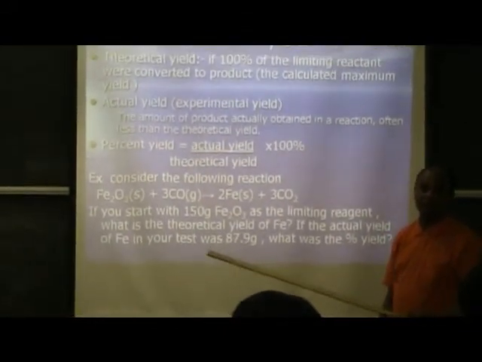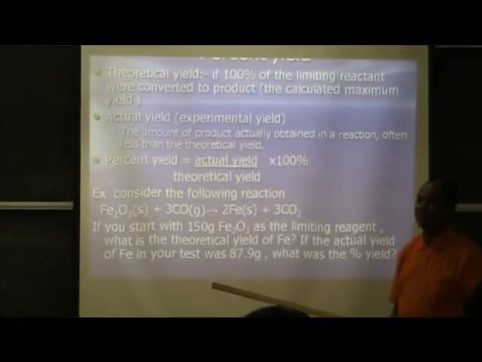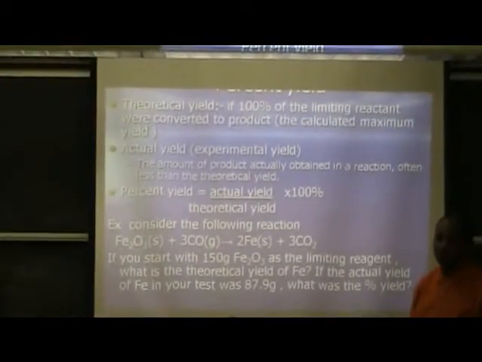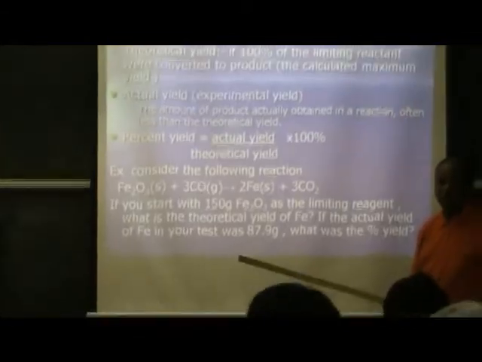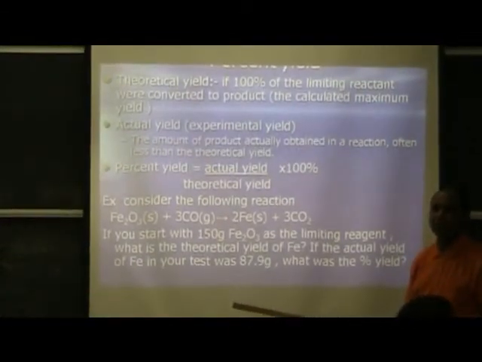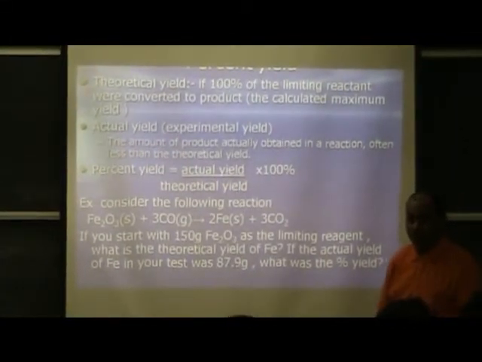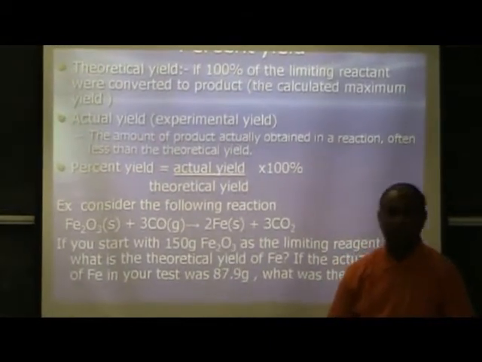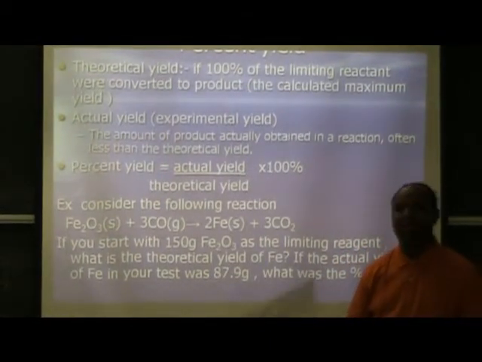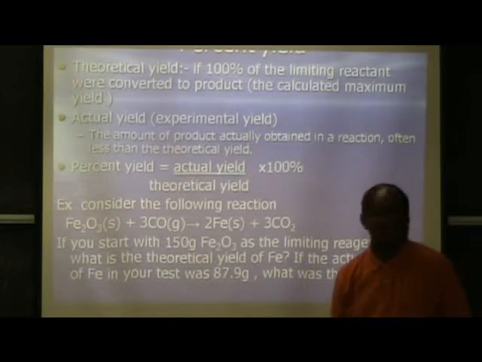What do you get? 84 point something, less than 90%. Is it a good result? No, it's not a good result. A good result means, this is about money. You have to have over 95% for that.